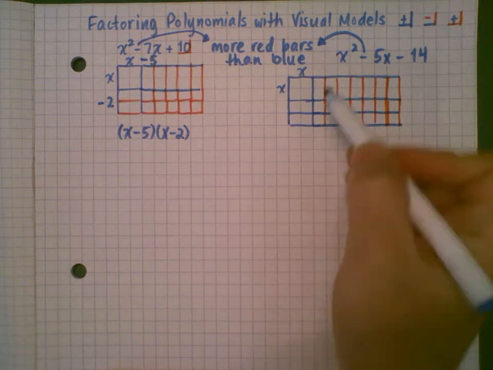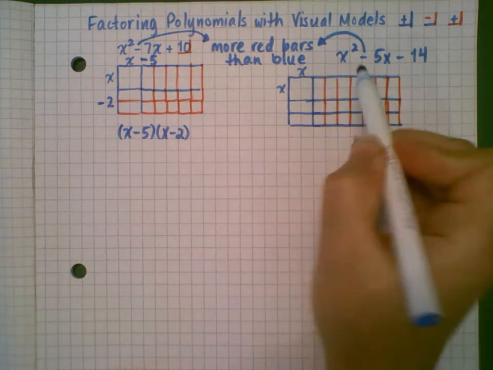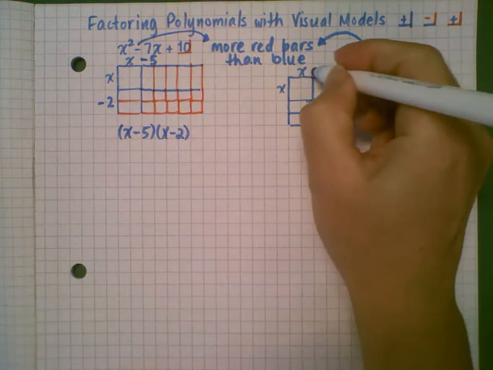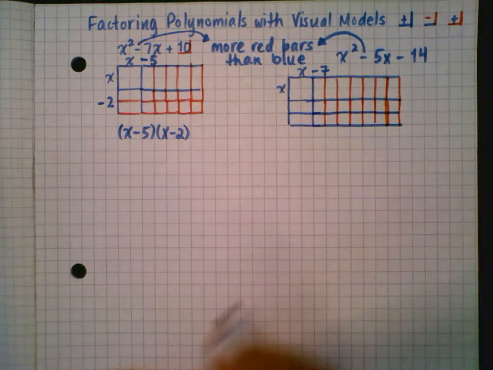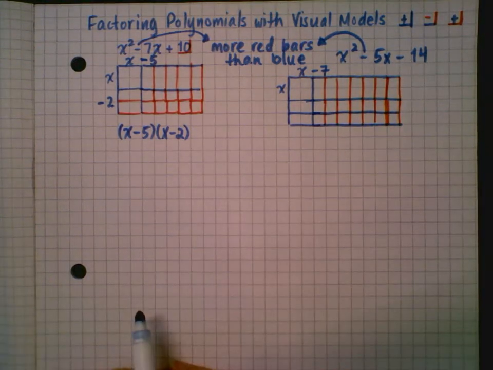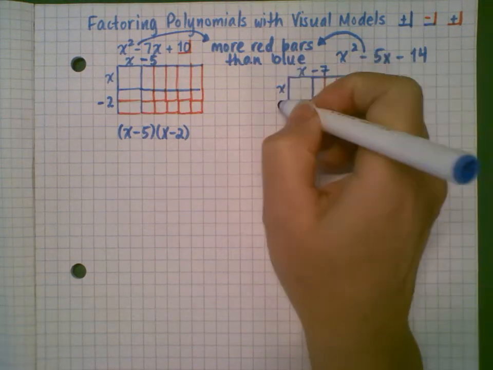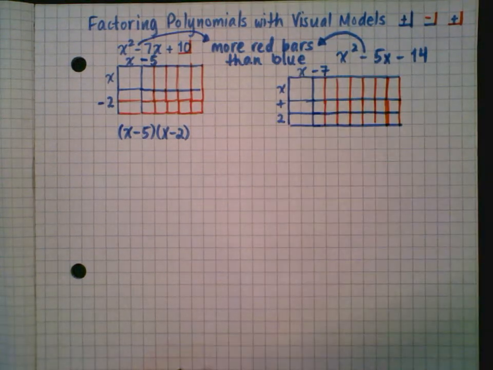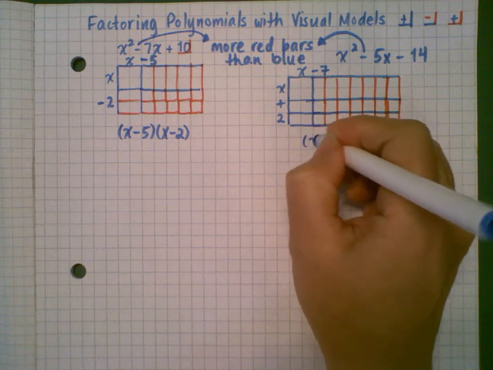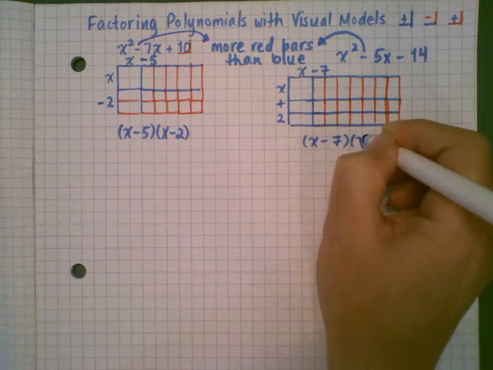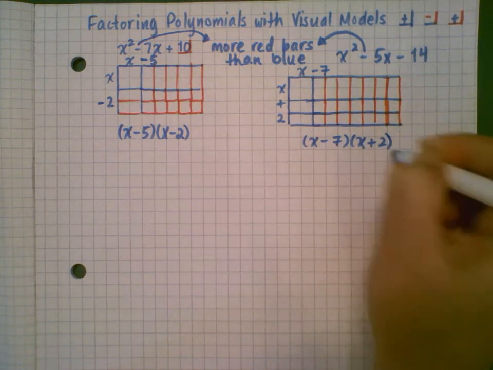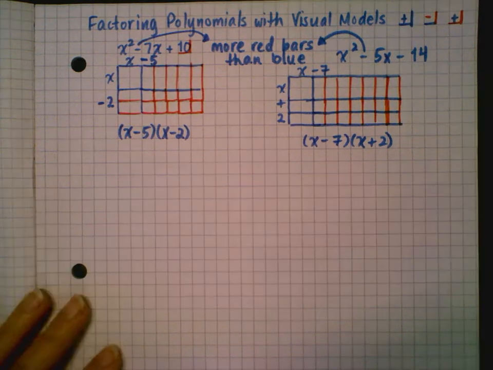And the result is the dimension across the top here is x minus 7. That's 7 red bars across the top. And then x plus 2 down the side. So that's my factored form of that one.